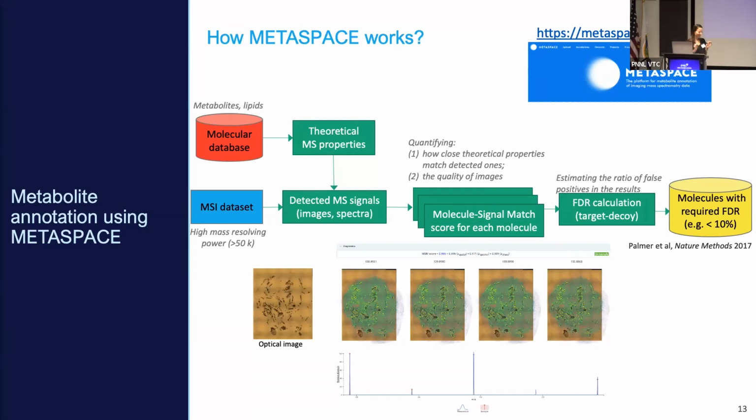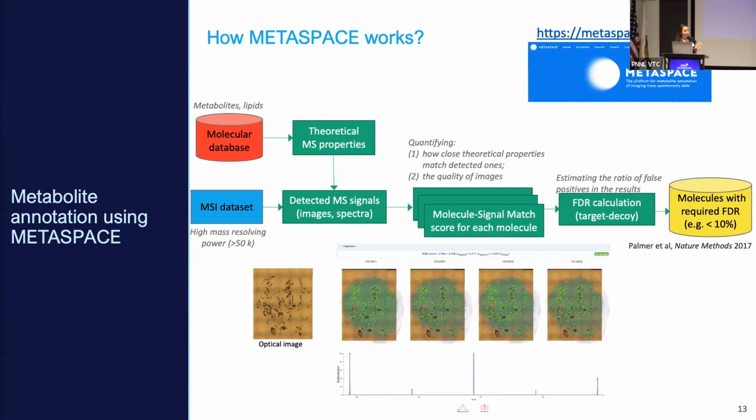Here I have to clearly say that multi-mass spectrometry imaging data is MS1 based, so we don't have fragmentation data. In EMSL, we have some high mass resolving power mass spectrometers that we use, and from there we can measure accurate molecular mass and ascribe accurate molecular formula. But there are still some mass isomers that we cannot distinguish, so that's why we are talking only about molecular annotation.